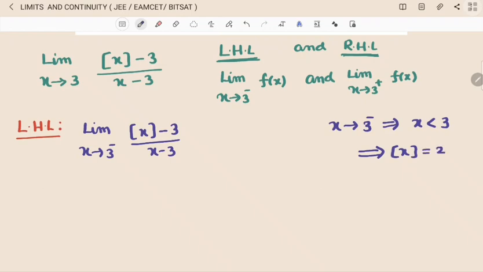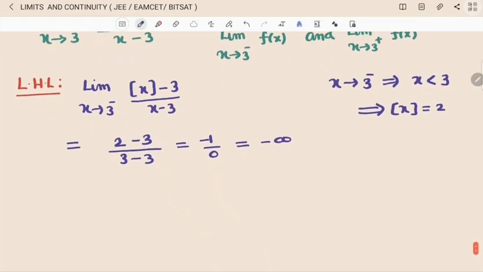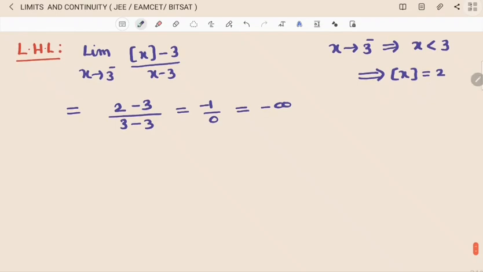So wherever step x is there, you replace with 2. So this limit will become, in place of step x, 2 minus 3 divided by x is equal to 3 only substitute. So minus 1 by 0. Anything by 0 is infinity. So minus infinity. Similar way, you can calculate the value of right hand limit.